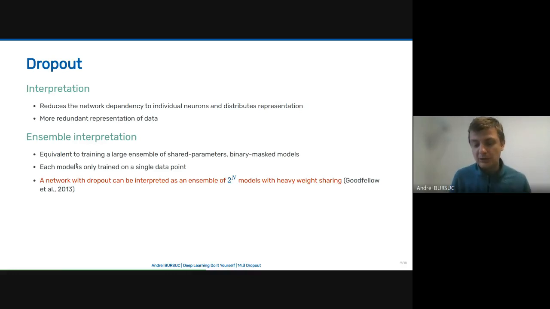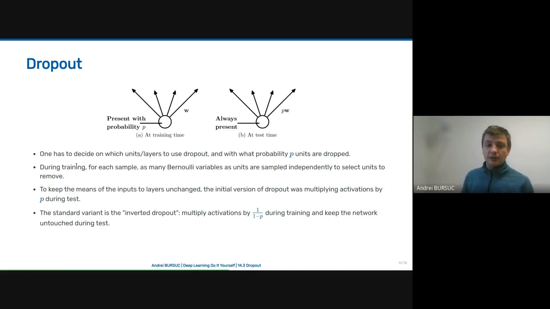So if we imagine that during training we train this ensemble of networks, at test time, since we use all neurons, it is as if I averaged all these ensembles to make a prediction on my data point. So this is to go into more detail on how Dropout works.